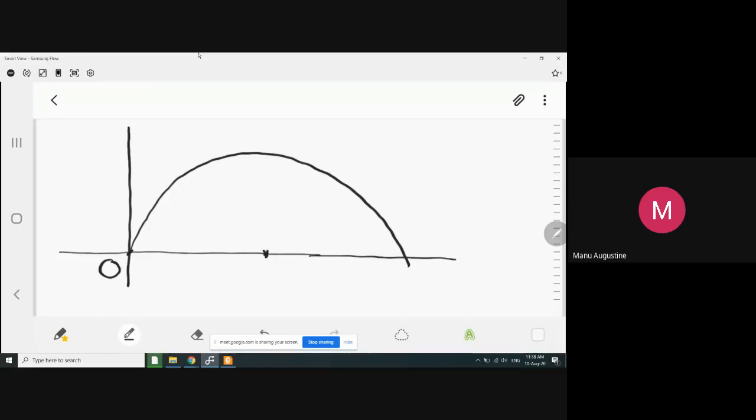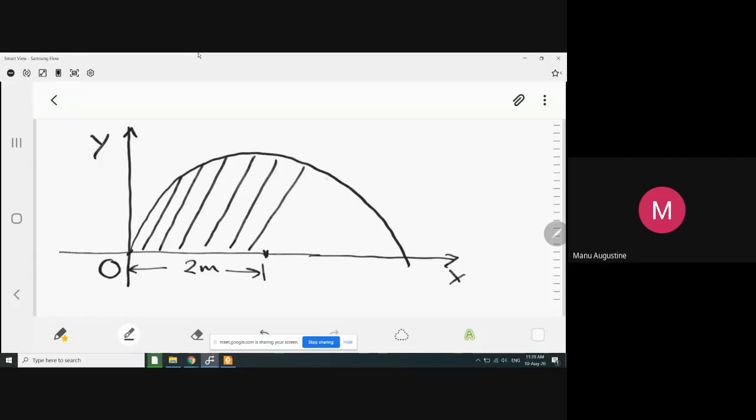This is the center of the semicircle, and I am giving you the distance of the center of the semicircle to you as 2 meters. I want you to find the moment of this area about y-axis. This is the area. Find the moment of this area about y-axis.